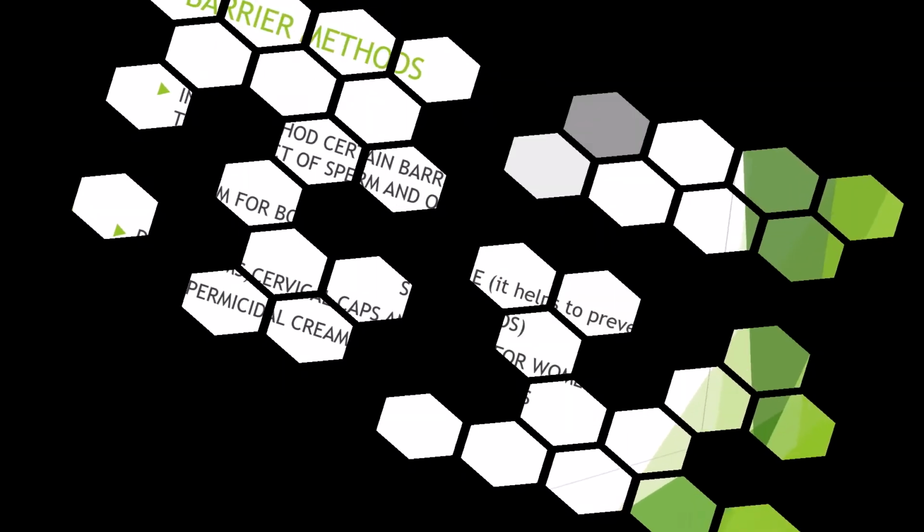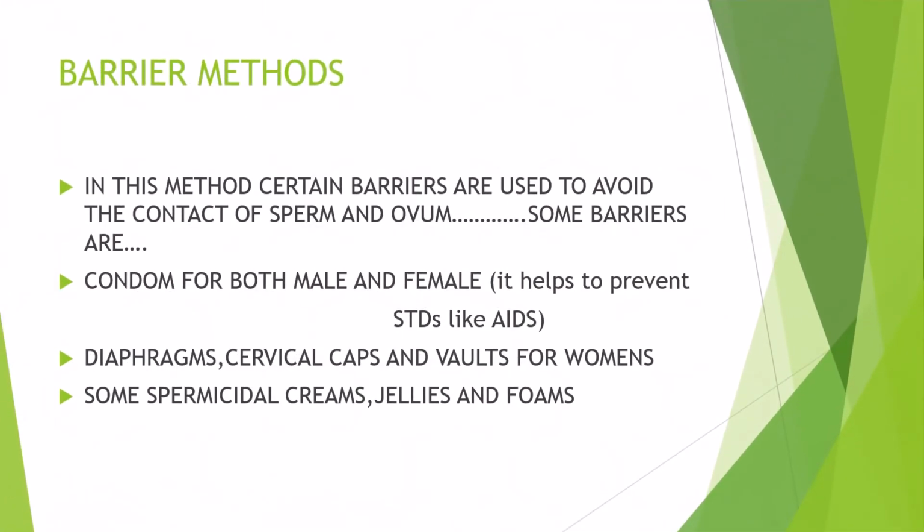Now the second is the barrier method. Barrier means obstacle. This method produces obstacles between the meeting of sperm and ovum. In this method, certain barriers are used to avoid the contact of sperm and ovum.